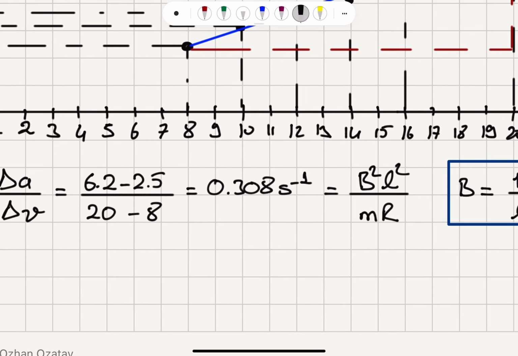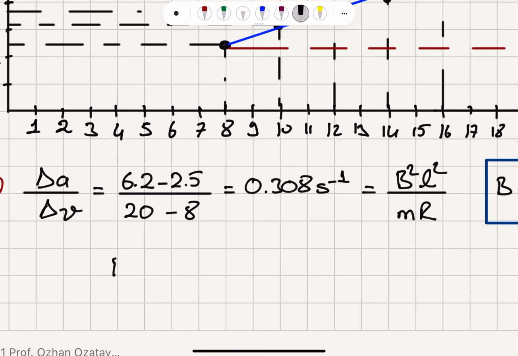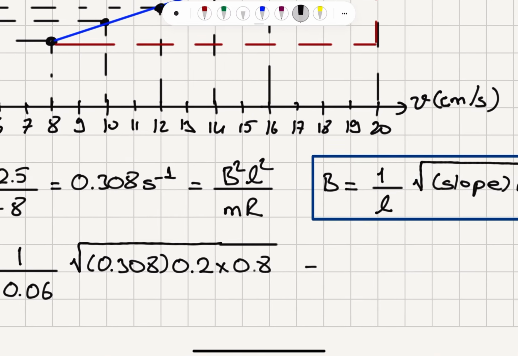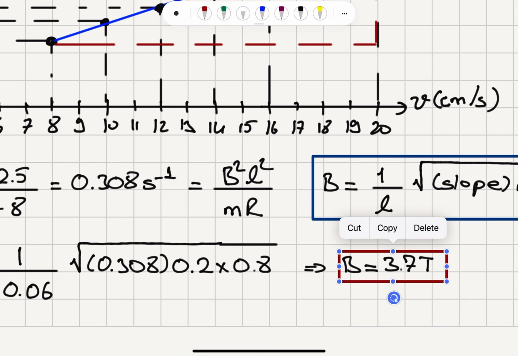Plugging in the numbers, B is equal to 1 over the length, 1 over 6 centimeters, 0.06 meters, times the square root of the slope of the best fit, 0.308, mass 0.2 kilograms, resistance is 0.8 ohms. This gives me a magnetic field magnitude of 3.7 Tesla. So that's the answer to part B of the problem.